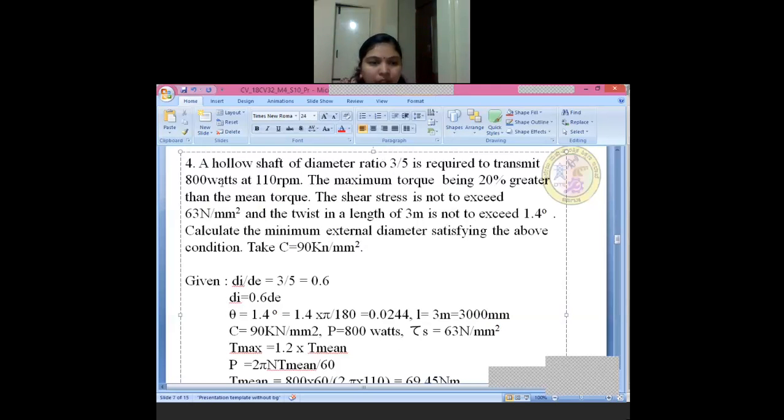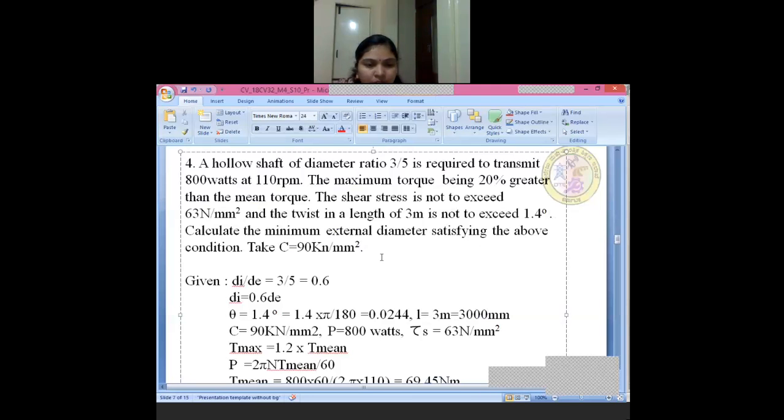Then I have a hollow shaft of diameter ratio 3/5, required to transmit 800 watts at 110 RPM. The maximum torque is 20% greater than the mean. The shear stress is not to exceed 63 Newton per mm square, and the twist in a length of 3 meters is not to exceed 1.4 degrees.